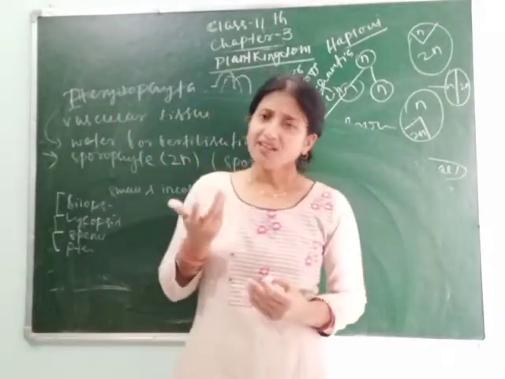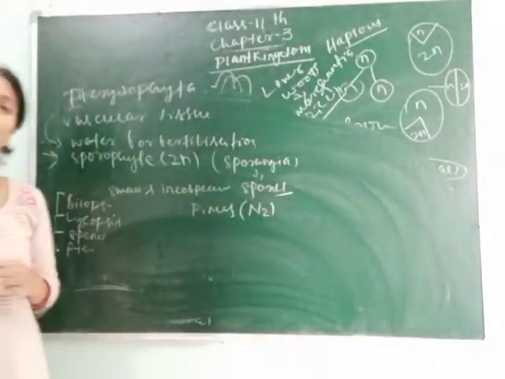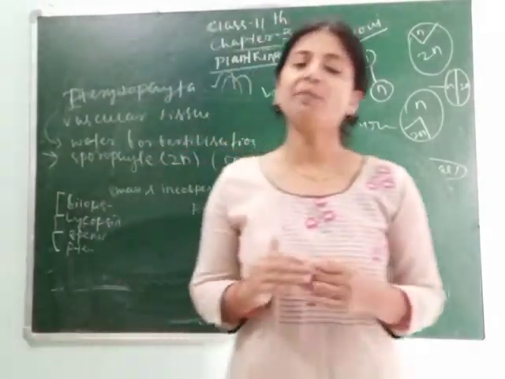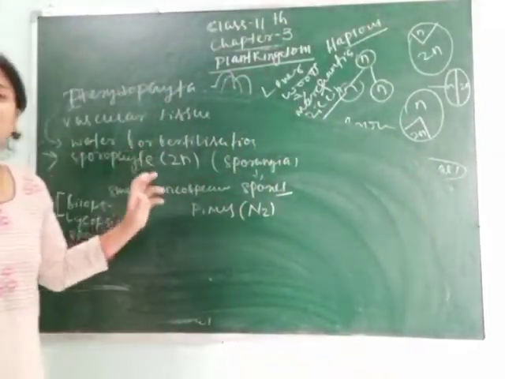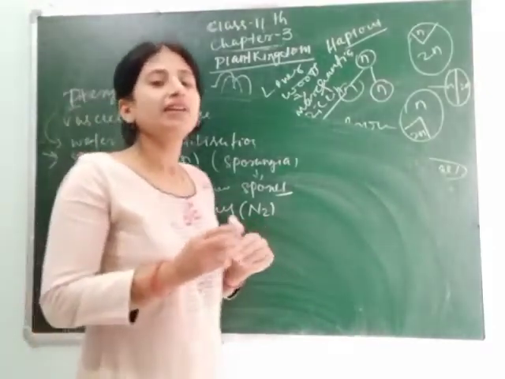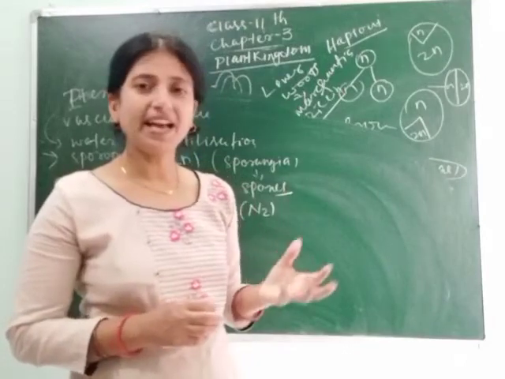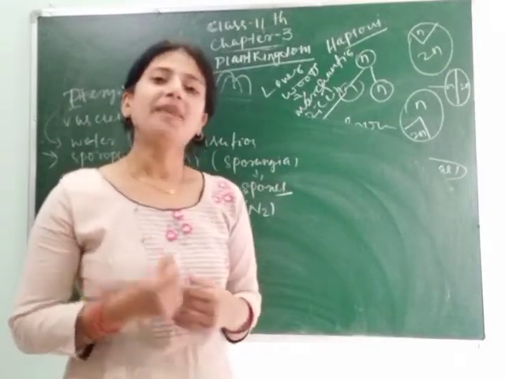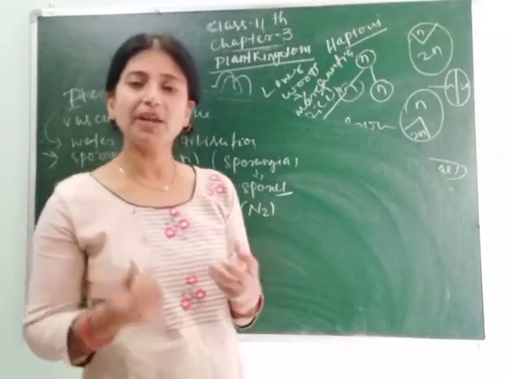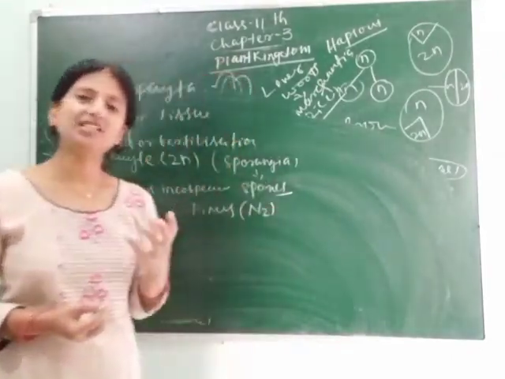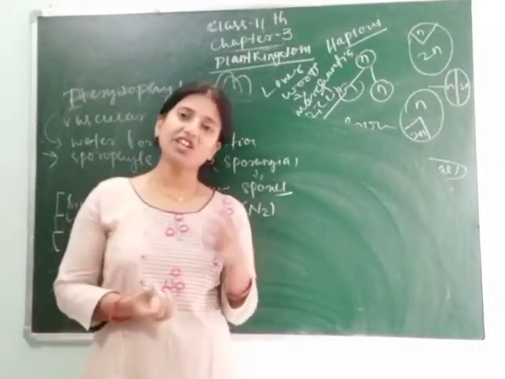Again, next move to angiosperms. Angiosperms are considered to be the last evolution of plants, and all the higher plants are included in this. Here sexual reproduction occurs, and in some, vegetative propagation also occurs, like rose, banana, etc. But the maximum number of plants reproduce through sexual means, by forming male gametes and female gametes. The female gamete is called the egg cell, whereas the male gamete is the pollen grain, which contains two male gametes.